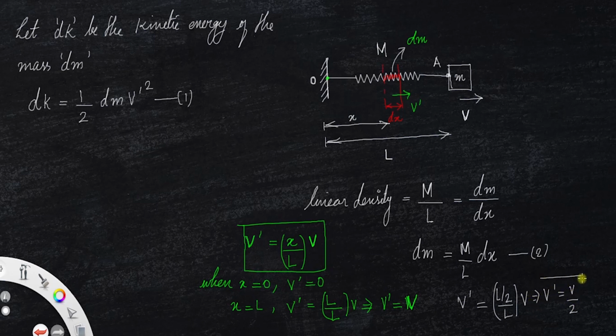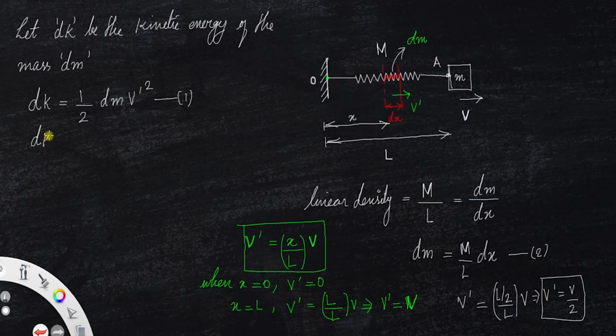So you cannot say that the velocity at the midpoint is half the velocity of the mass. So there is some kind of error associated with this equation, but in every consideration they took the velocity like this. When the spring is very small, this error can be neglected. But when the spring is very large, that is the length of the spring is too much, we'll get a greater error. Clear?